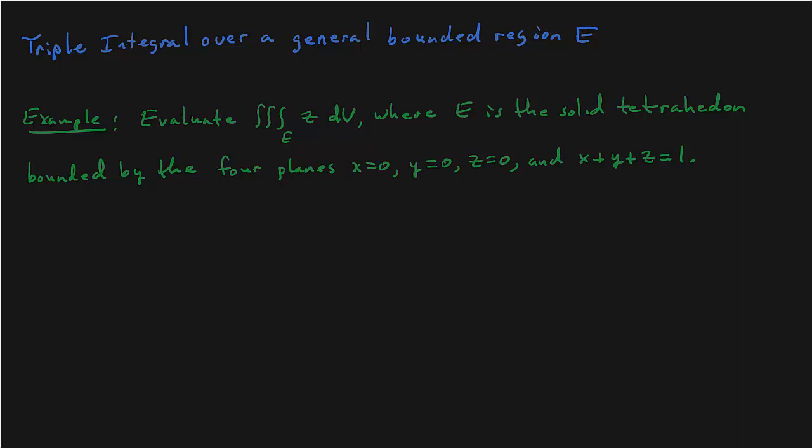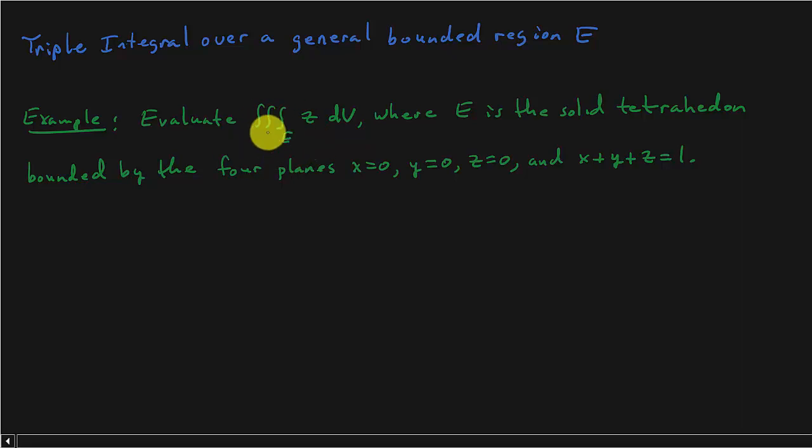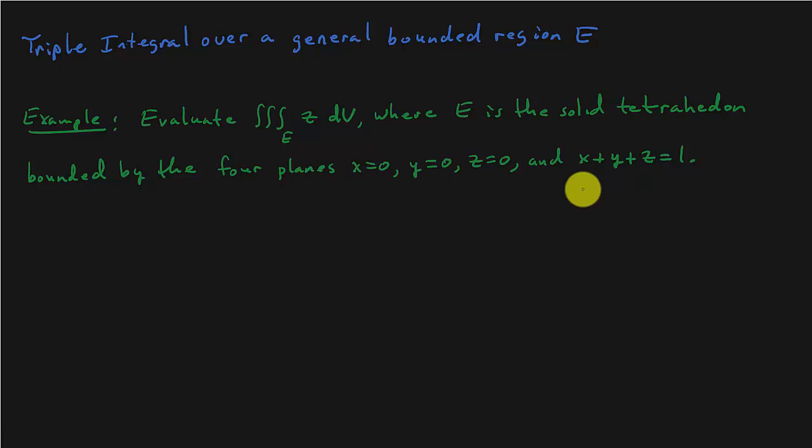It says evaluate the triple integral over a general region E of z dv, where E is the solid tetrahedron bounded by the four planes x equals 0, y equals 0, z equals 0, and x plus y plus z equals 1. All right, so the thing that we have to do here is we need to make a sketch.